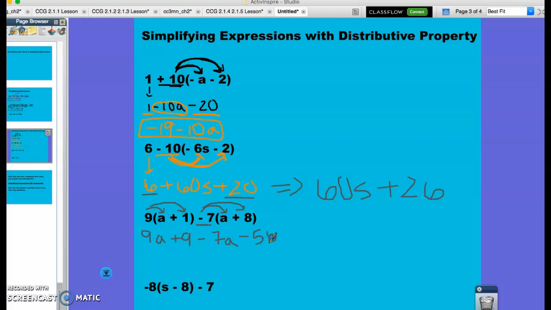Okay, now we combine our like terms. We've got 9a and a negative 7a, so that gives me 2a. Then we've got 9 here and a negative 56, which gives me a negative 47.